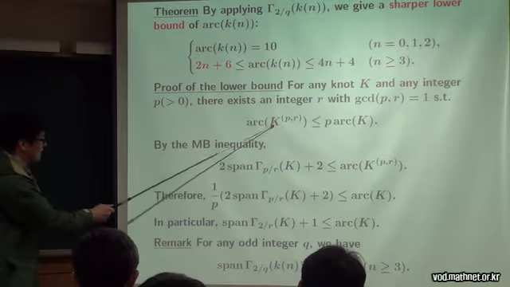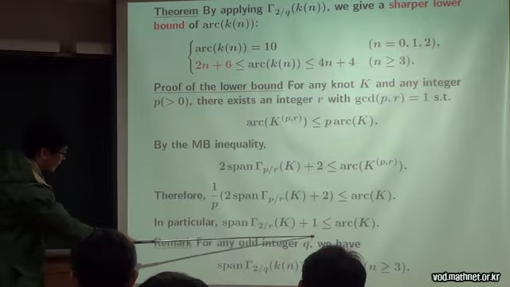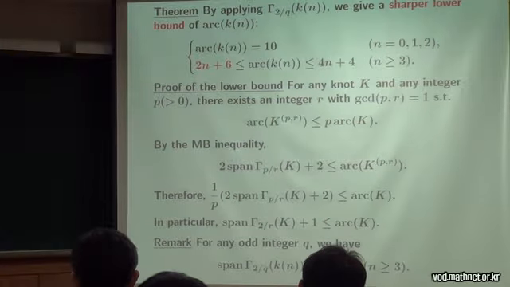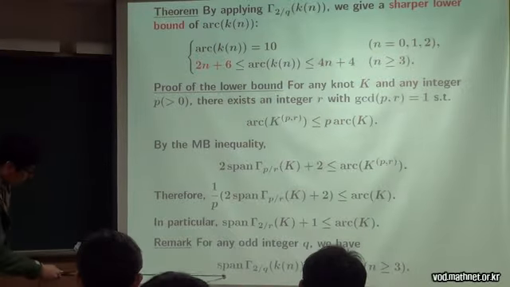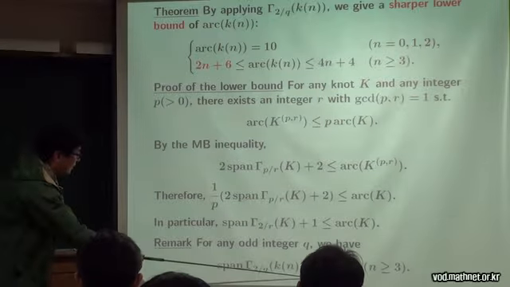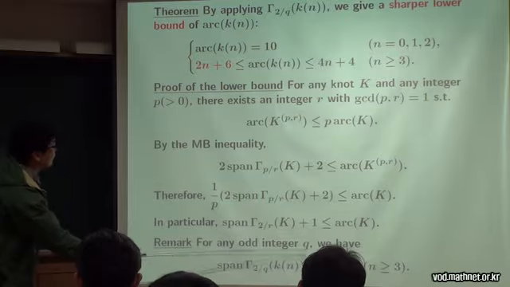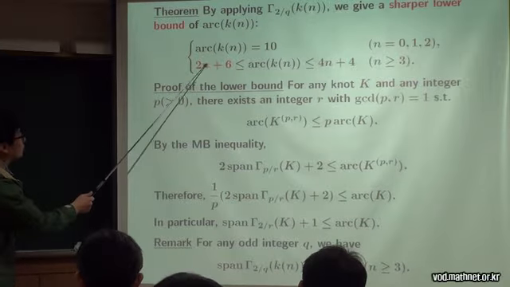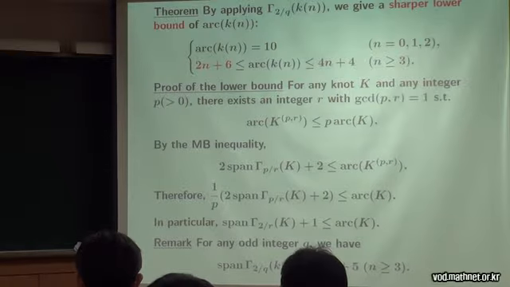By using this and this, we obtain this inequality. In particular, we have this inequality. And it is known that for any odd integer q, we have this equality. So by using this and this, we obtain this sharper lower bound.